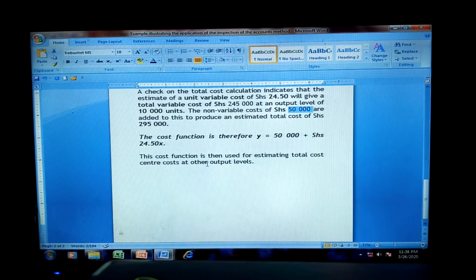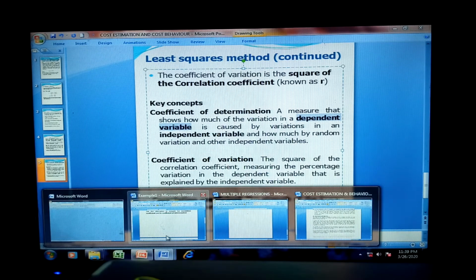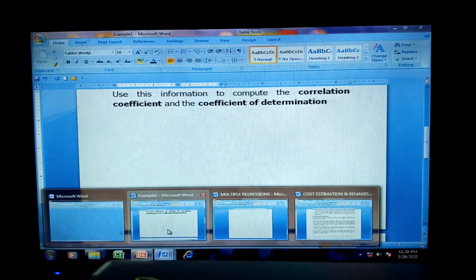Always go through the cost data, identify which costs are variable and which costs are fixed. Come up with your cost function, which can be used to predict future costs. That is the inspection of the accounts method. Now from there, I'll take you to the high-low method.